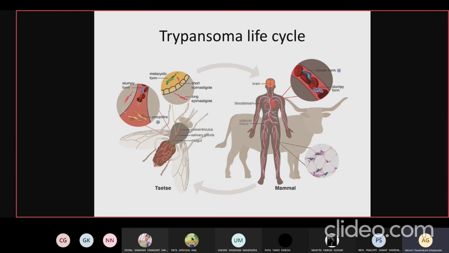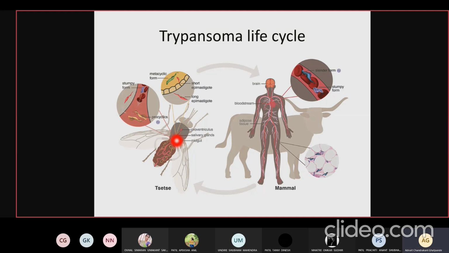If you can see the life cycle, what happens when the tsetse fly bites a vertebrate host? If the person is affected with trypanosoma, she collects it with the blood meal, a number of trypomastigotes, the infective stage, and they invade the gut wall.